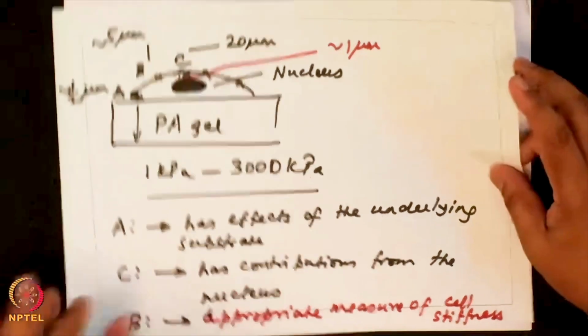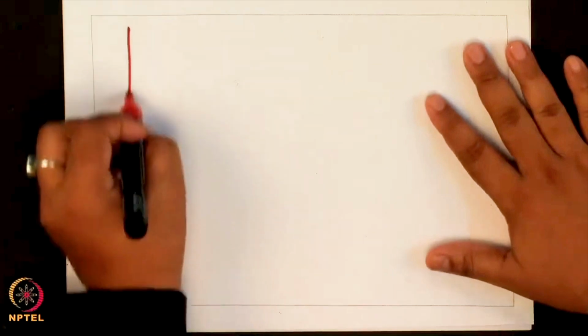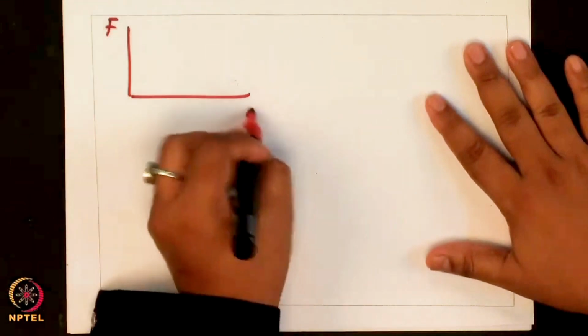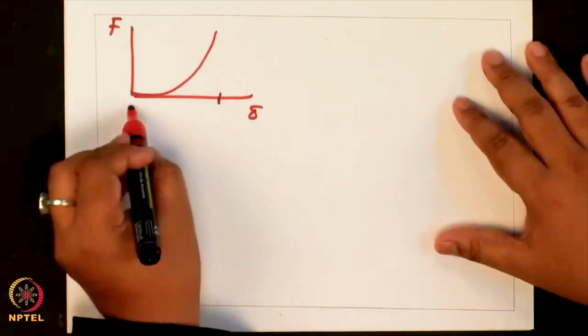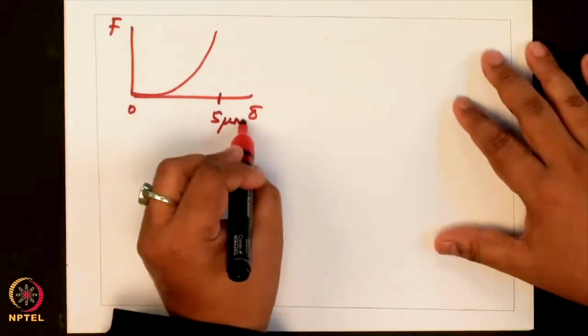One more important point: let us say your F versus delta curve has this height, and this height is from 0 to 5 microns.